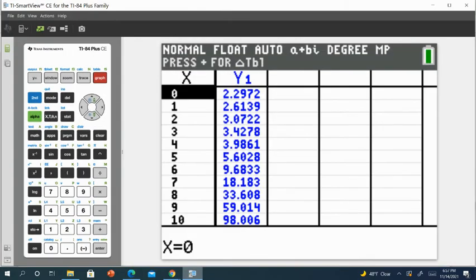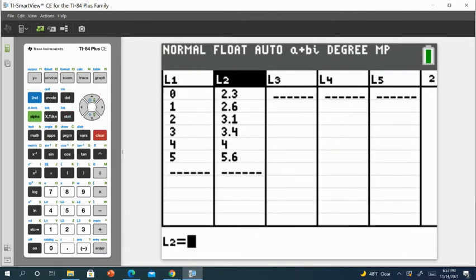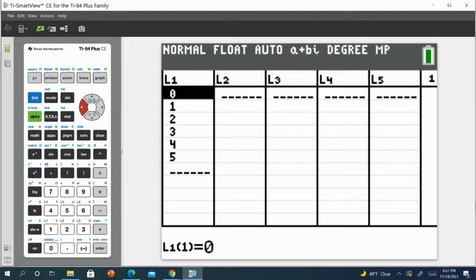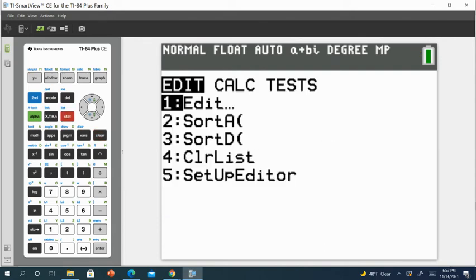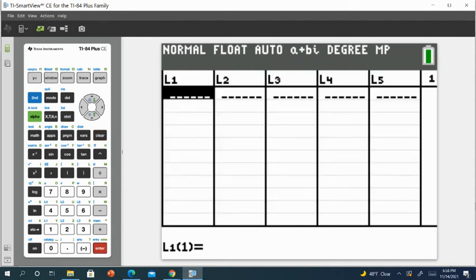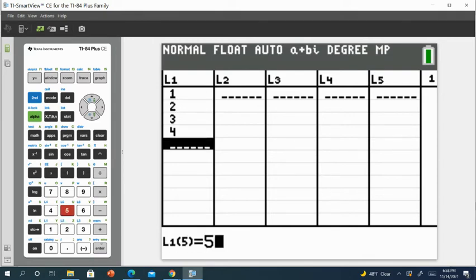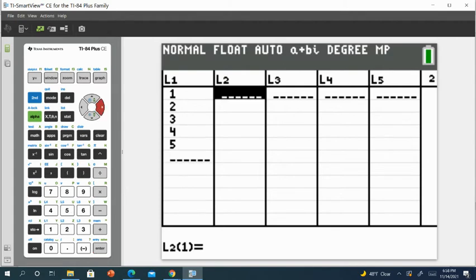So going back to my calculator, I'm going to go to stat, edit, clear out the old, and actually forgot to clear out my equation. So let me do that. Going back to stat, edit, I'm going to put in my x's. 1, 2, 3, 4, and 5. Now, I don't know if you've noticed or not, but in that table, the age is when it was originally planted, like how many years from when it was planted.